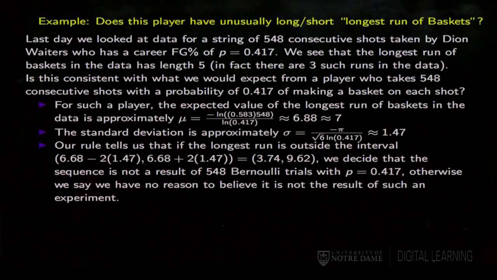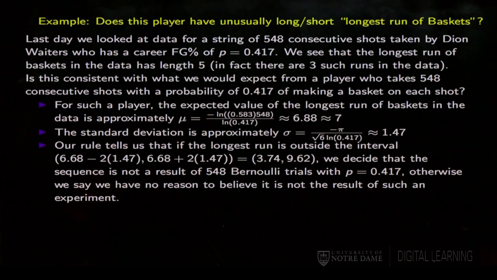Well, the interval from the mean minus 2 standard deviations to the mean plus 2 standard deviations is from 3.74 to 9.62. Our observed longest run is 5, which is certainly within that interval, so we don't decide that this sequence was not randomly generated.